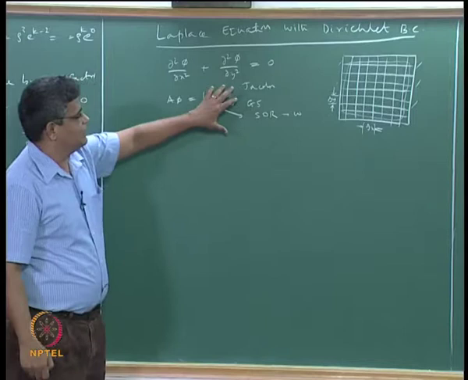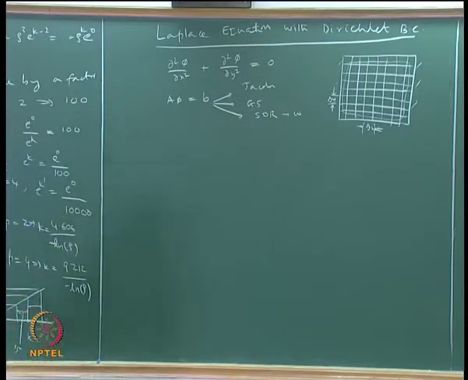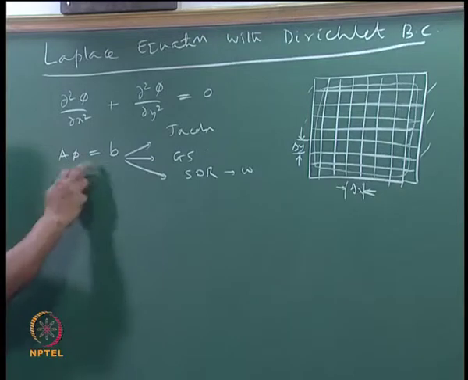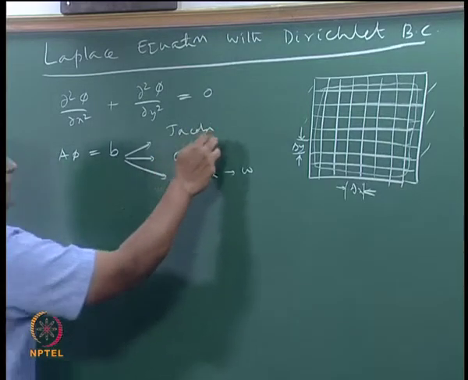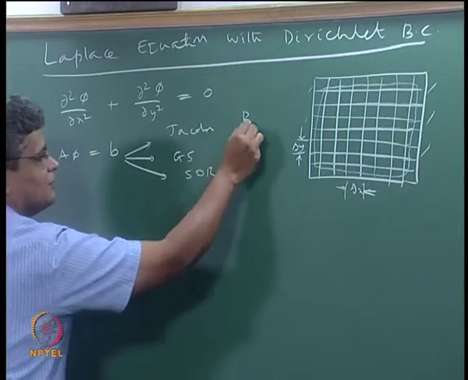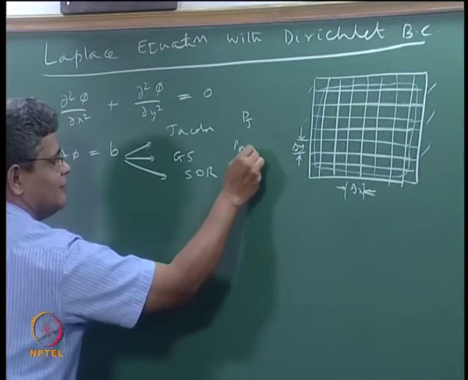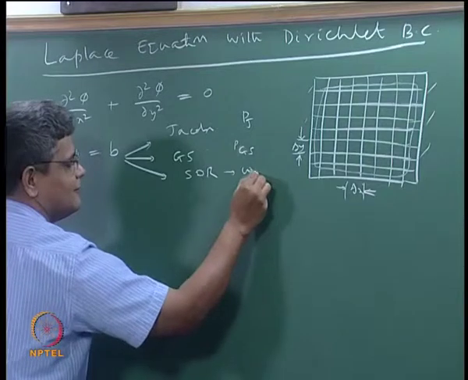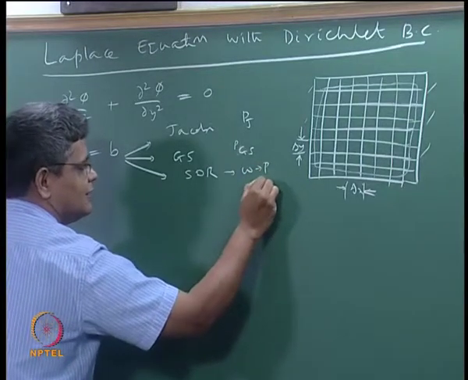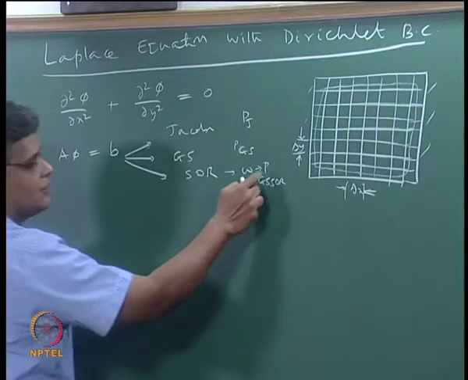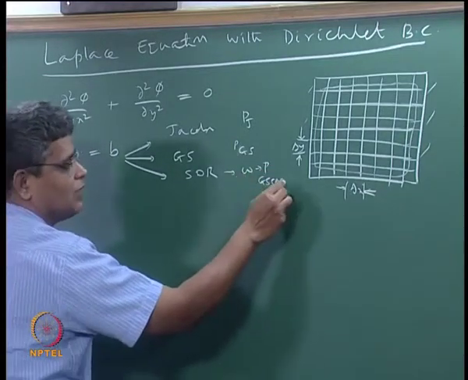Okay, so for this particular case we can construct the iteration matrix, and for each case we will have a different iteration matrix, P Jacobi, P Gauss-Seidel, and P Gauss-Seidel SOR, in which the iteration matrix depends on the value of omega.